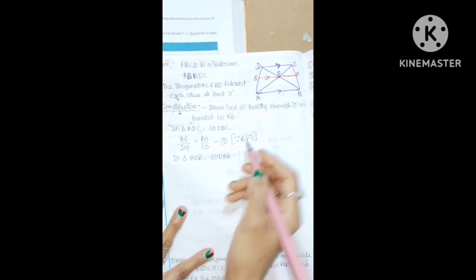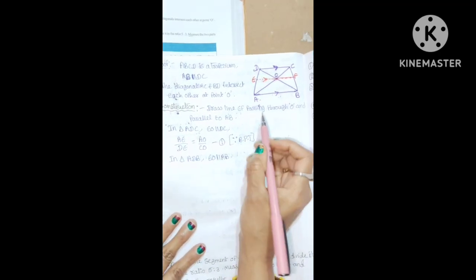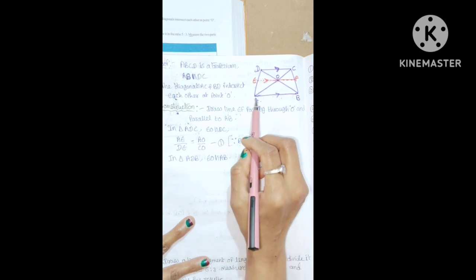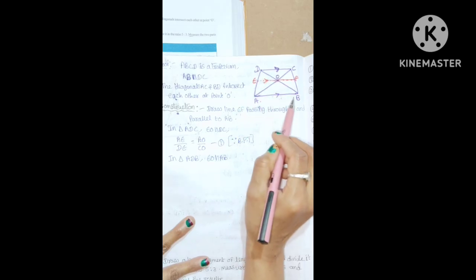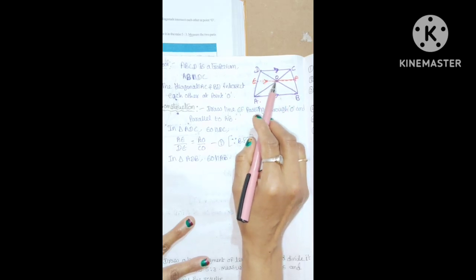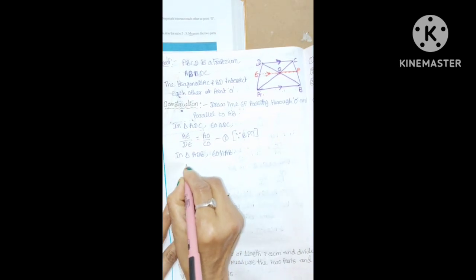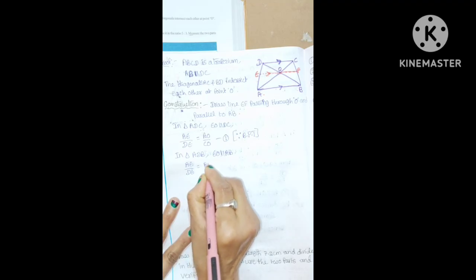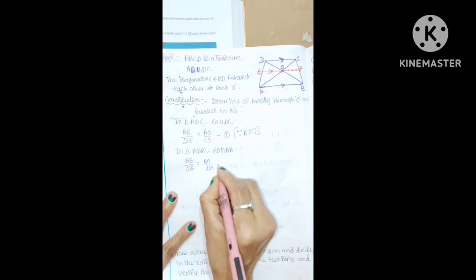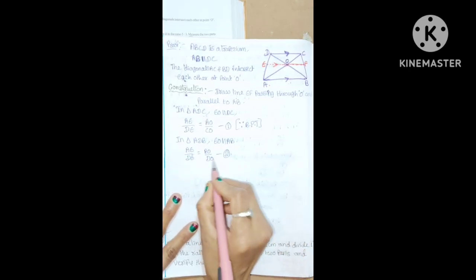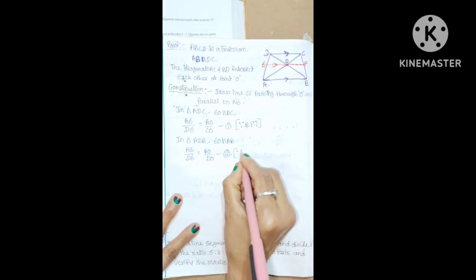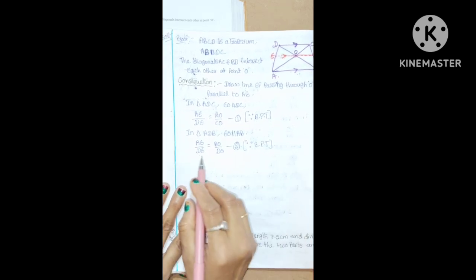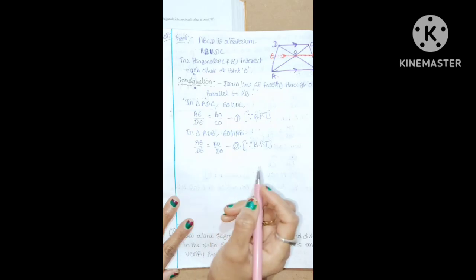These two sides are parallel in this triangle. And next, by using the BPT, these two sides' ratios are equal: AE by DE equals BO by DO. Let this be equation number 2, since by using BPT these two ratios are equal. That is the reason. Are you understood?